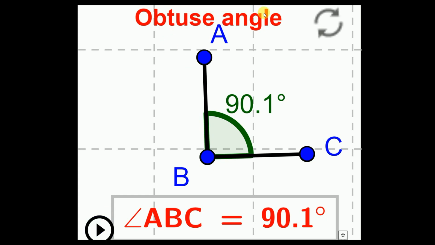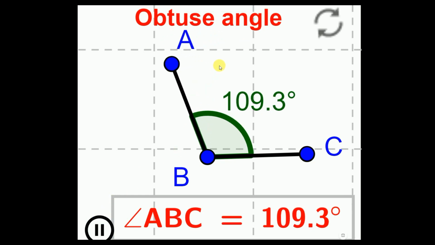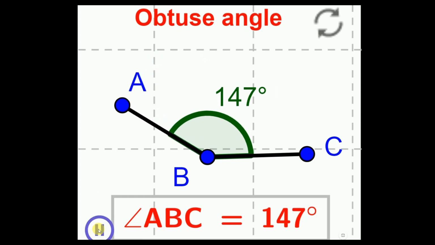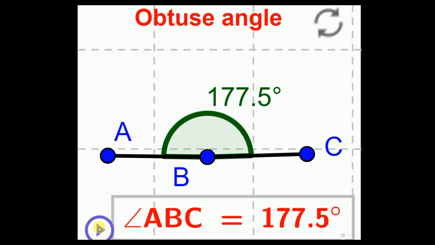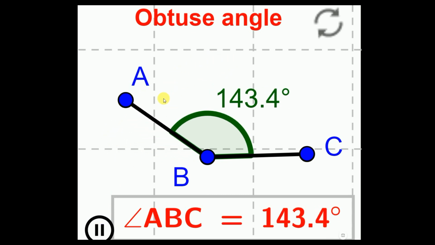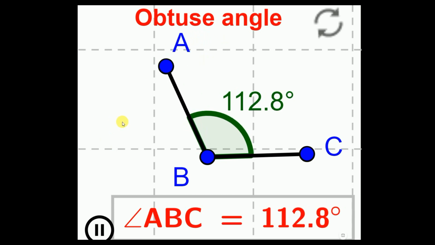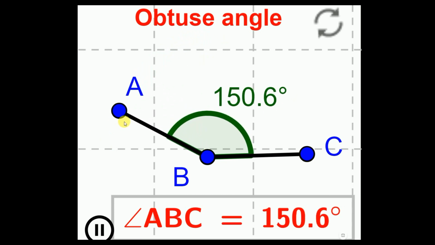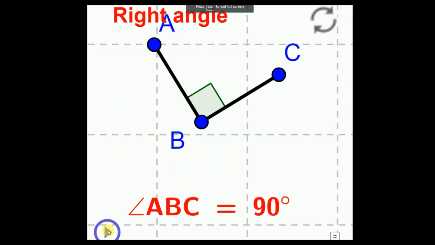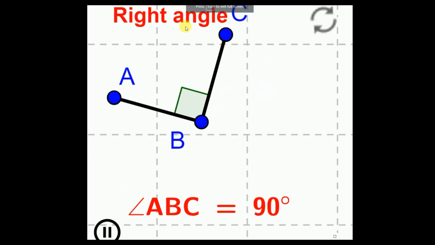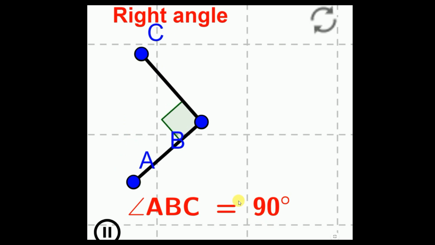An obtuse angle is an angle that is greater than 90 degrees, 90 point something, till 179 point something degrees. So it's greater than 90 degrees but less than 180 degrees, as you can see in this animation.